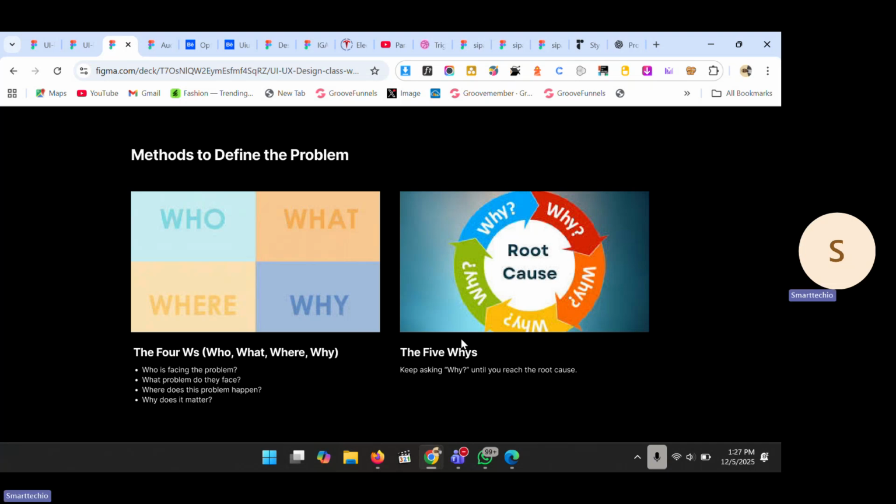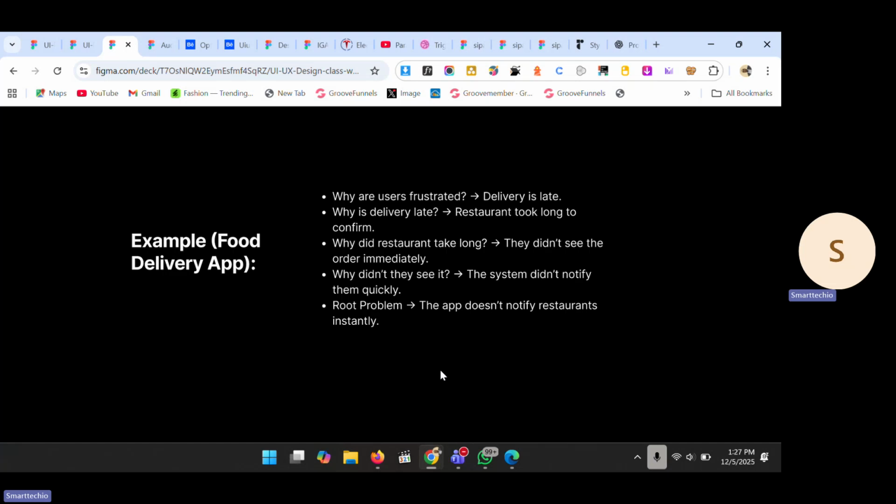Another method is the five whys, for you to be able to get to the root cause of the problem. I keep asking why until I reach the root of the problem. For example, why is the user frustrated? Delivery is late. Okay, why is the delivery late? Because the restaurant took a longer time to confirm the order.